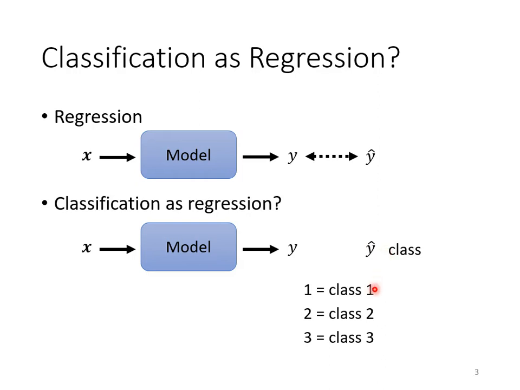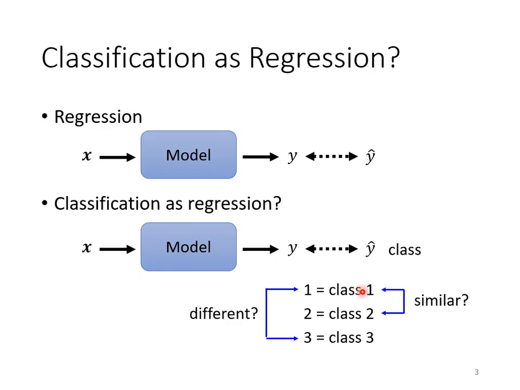For example, class 1 is number 1. Class 2 is number 2. And class 3 is number 3. What we are going to do next is, we hope that y can be as close to the class number as possible. But, would it be a good solution? If you think about it thoroughly, under certain conditions, it may be imperfect.